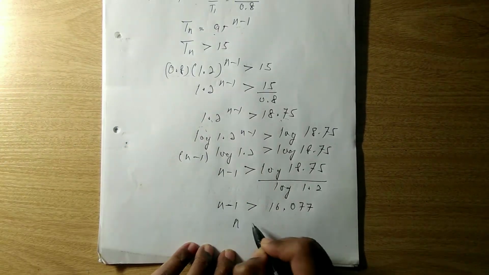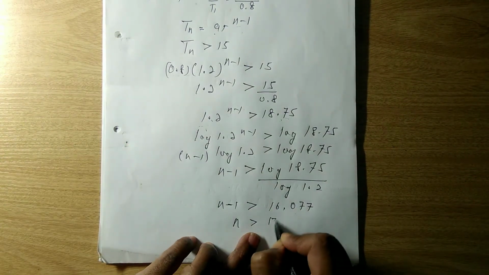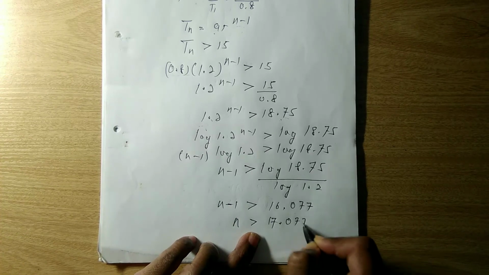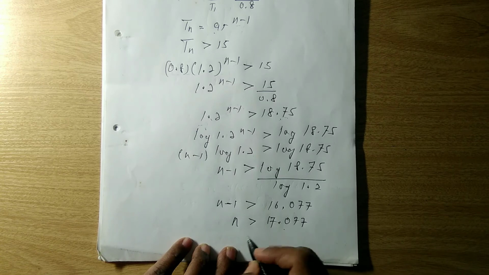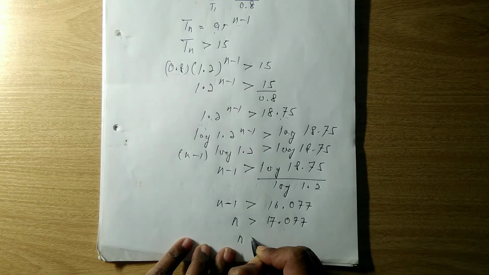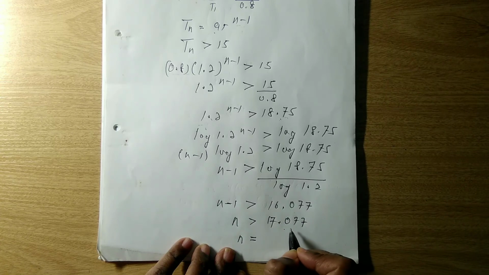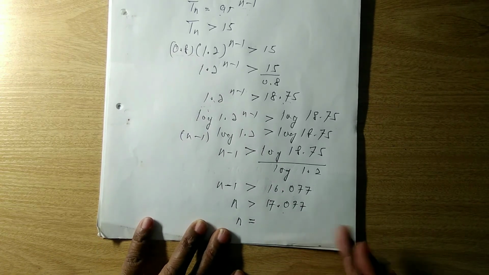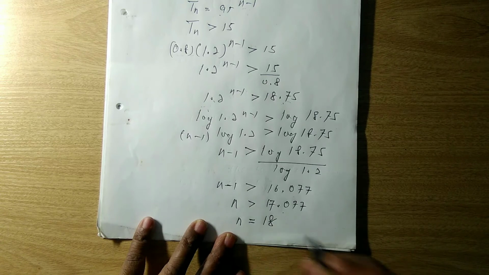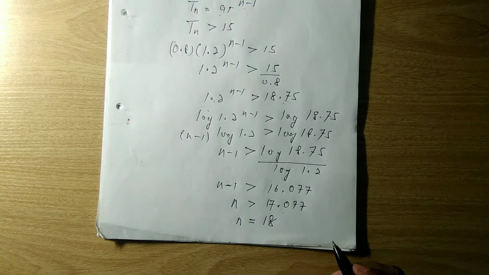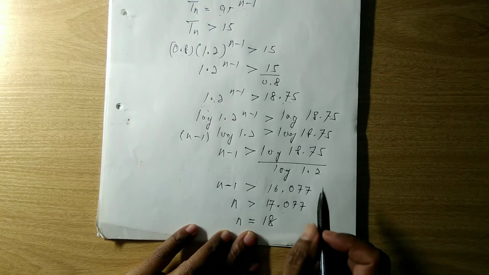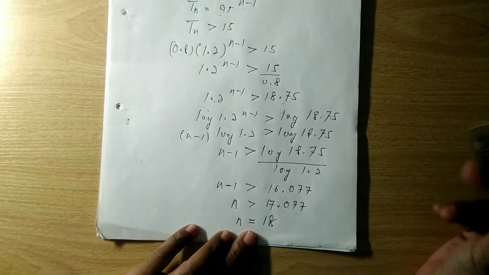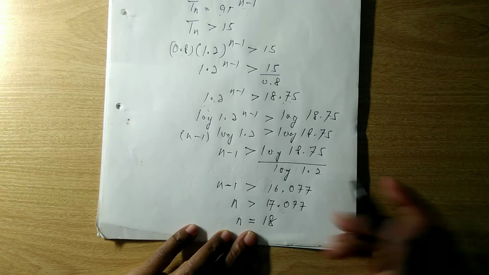That means n now is greater than, bringing over the 1, 17.077. So the nearest whole number bigger than 17.077 is about 18. That is the smallest value that n can take, so that my Tn will become greater than 15.